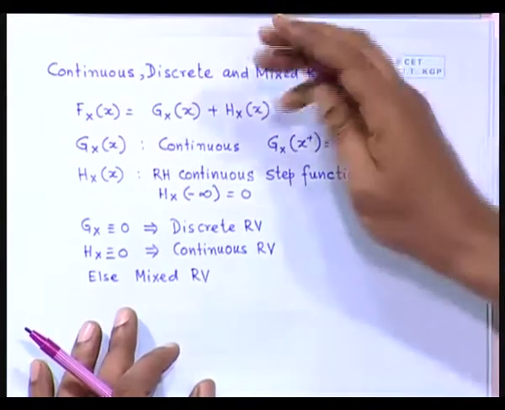Now in general you may have a continuous random variable, a discrete random variable, and a mixed random variable. For example, if you are measuring the temperature of this room on several different days, then that variable will be a continuous random variable because it can take any value.